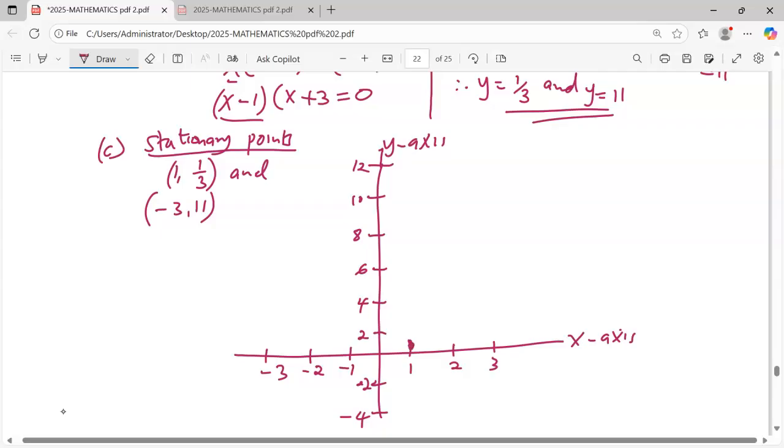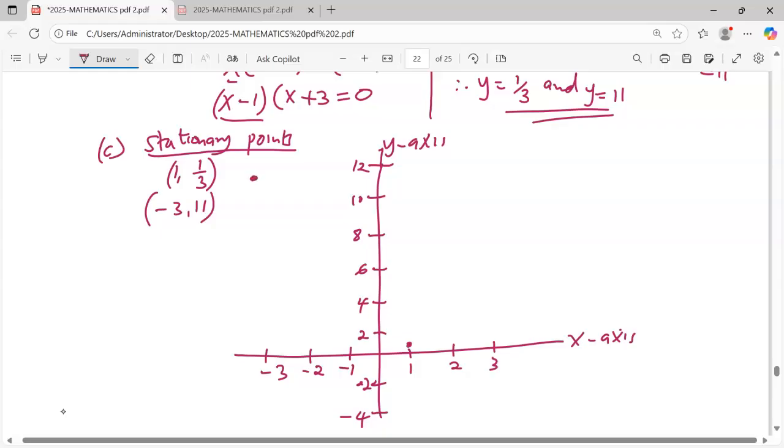Let me put it at this point. At 1, we are going to have a third here. And at x equals -3, y is going to be 11. And 11 is going to be at this point here.